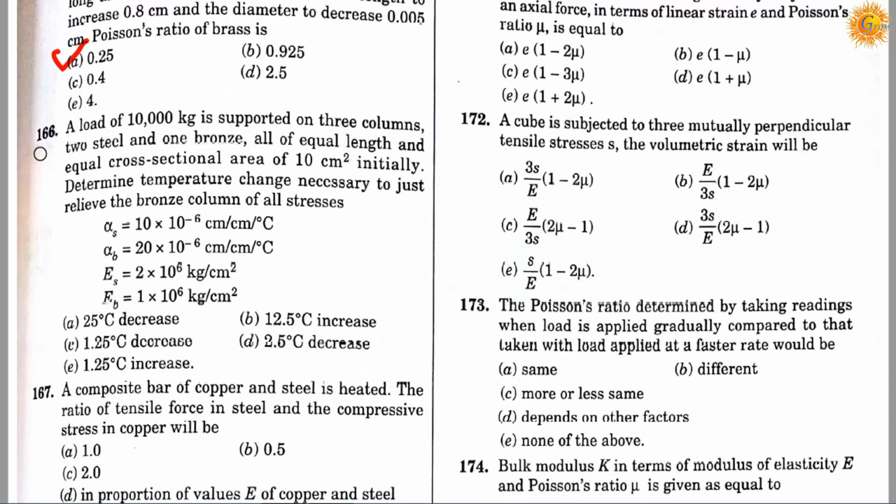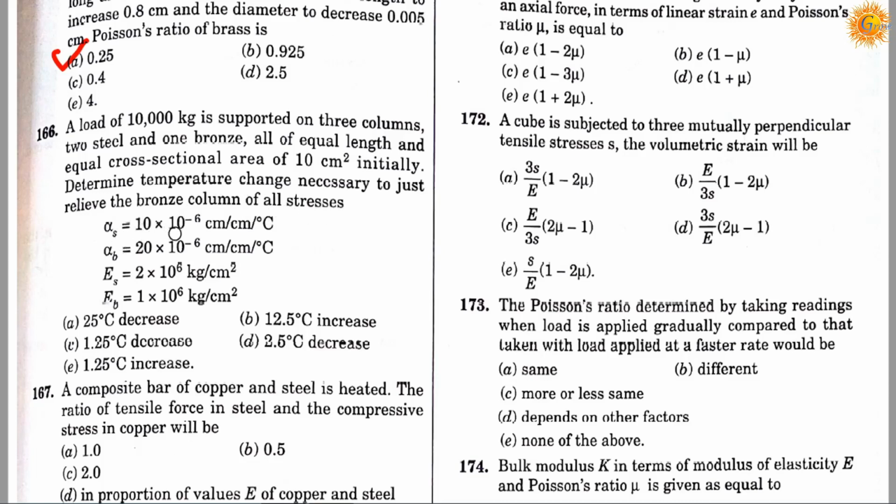Question number 166. A load of 10,000 kg is supported on 3 columns, 2 steel and 1 bronze, all of equal length and equal cross-sectional area of 10 centimeter square initially. Determine temperature change necessary to just relieve the bronze column of all stresses.